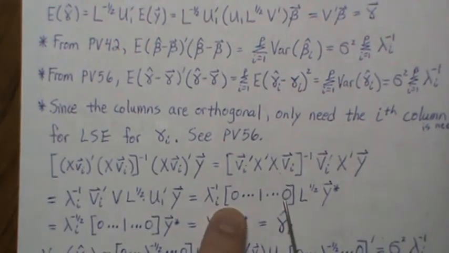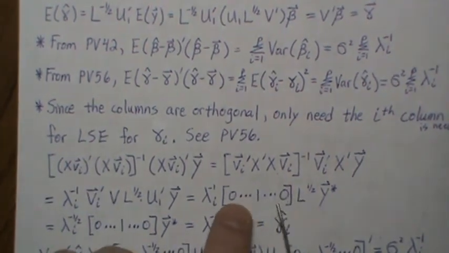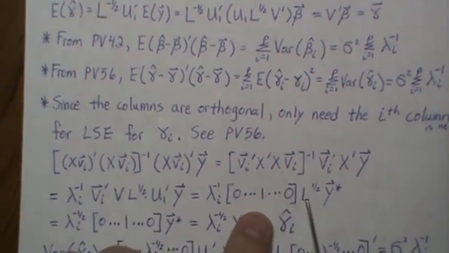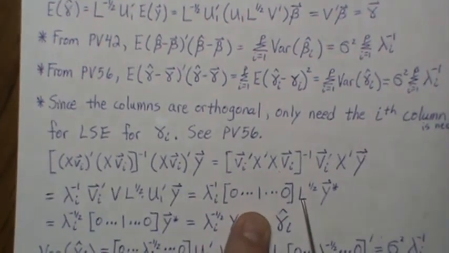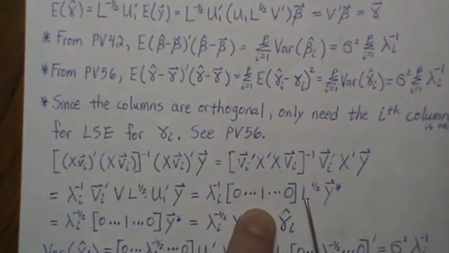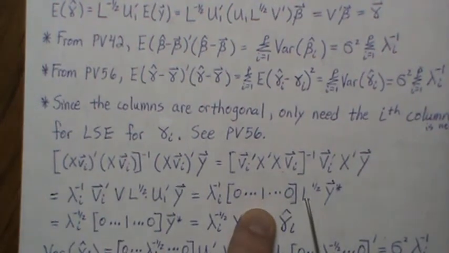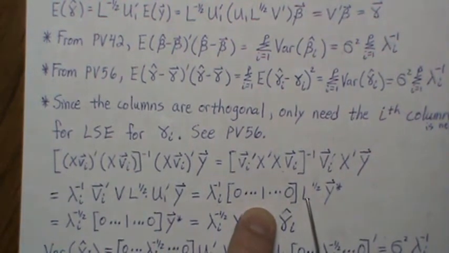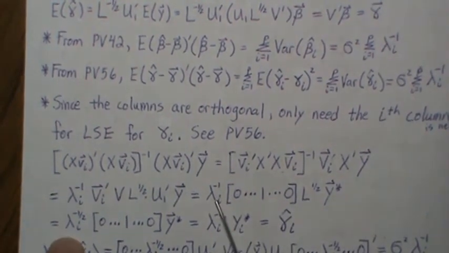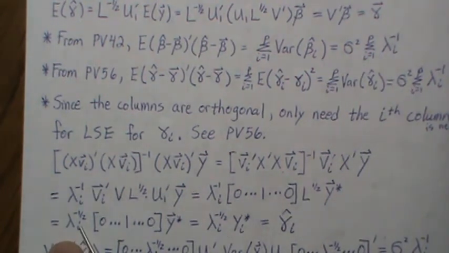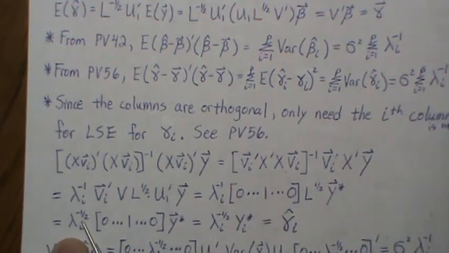So when we take this vector times this diagonal matrix, it's all going to be 0 until we pick off the ith lambda, so it's going to be square root of lambda I. But then when we factor that out, that reduces to lambda I to the minus 1/2.